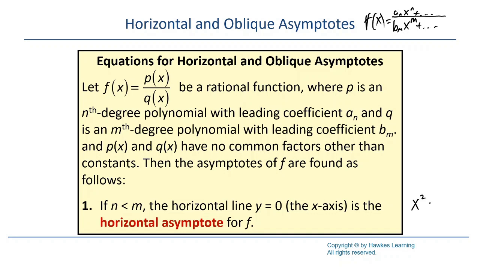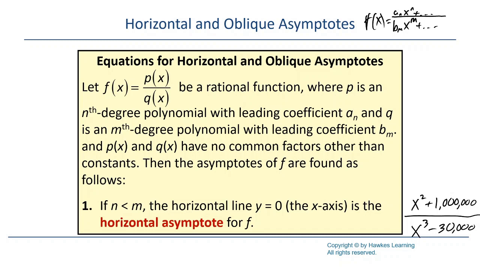If you have x squared plus a million divided by x cubed minus 30,000, which is an example I always use, you look at this initially and go, oh wow, the denominator is at a major disadvantage because it starts out having 30,000 subtracted off, and the numerator is adding a million.